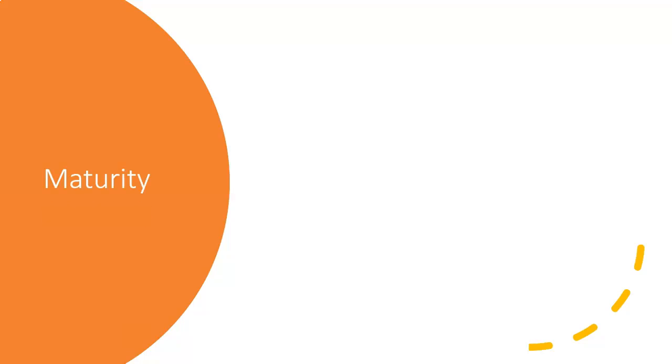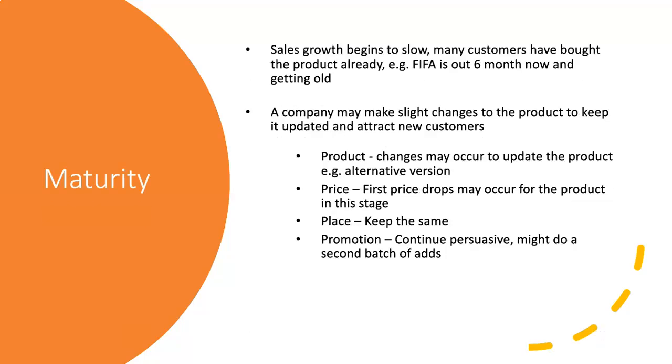Next stage is the maturity. Sales growth begins to slow. Many customers have bought the product already, for example, FIFA, which is a video game of football, is out 6 months now and is getting old. A company may make slight changes to the product to keep it updated and attract new customers. Here's the product.